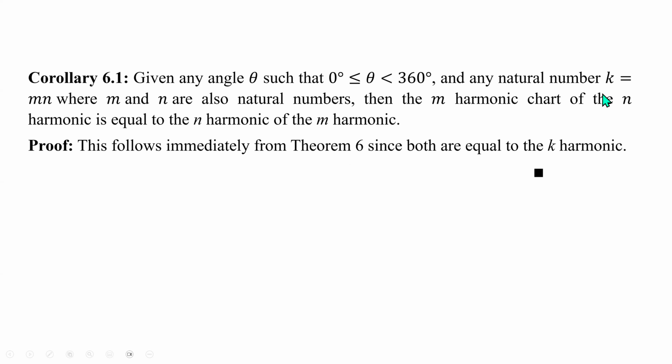So you can write k as either m times n, or switch the order, n times m. And you just go through the same proof, and you get the result that the m harmonic of the n harmonic is the same as the n harmonic of the m harmonic. They're both equal to the k harmonic, so they're equal to each other.